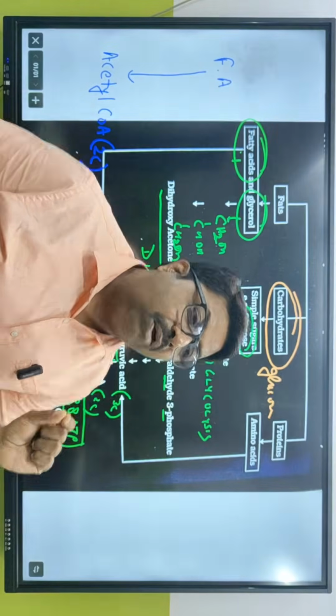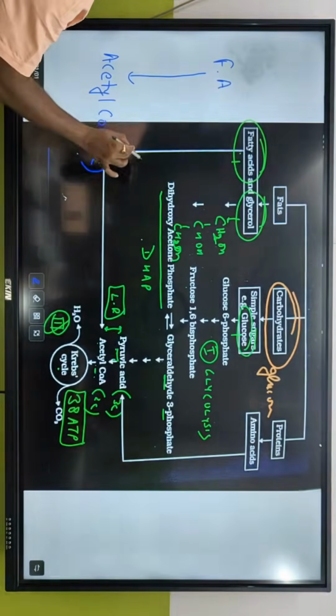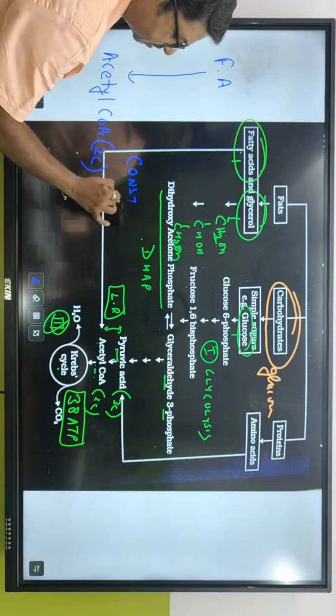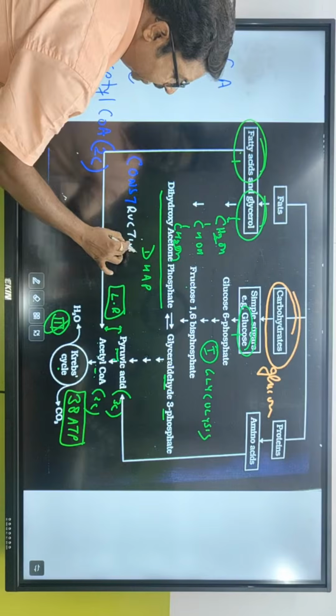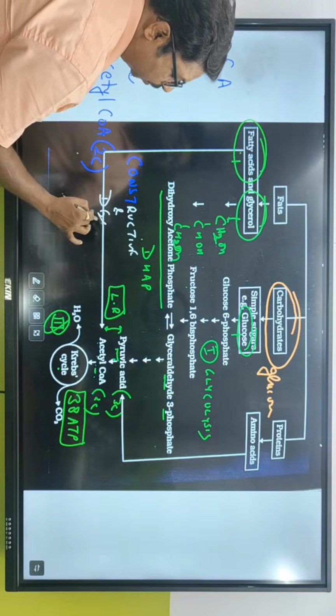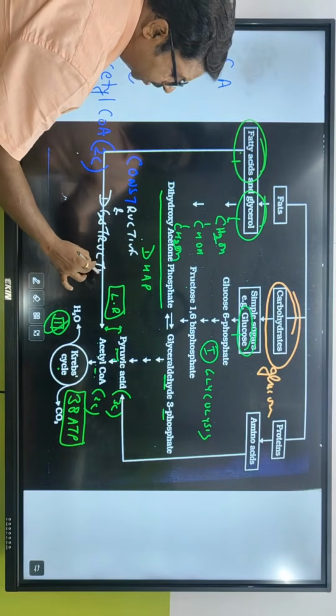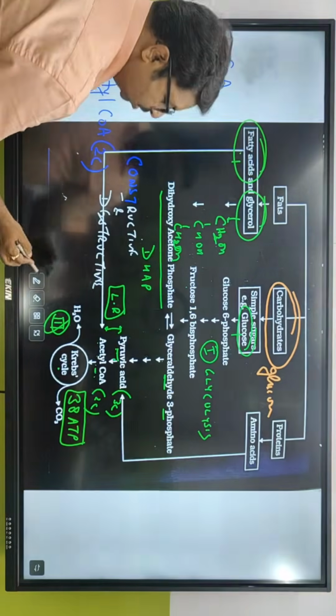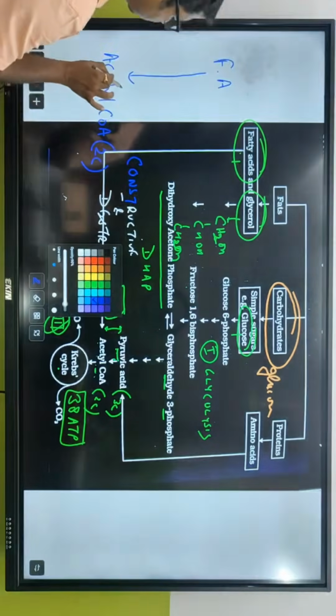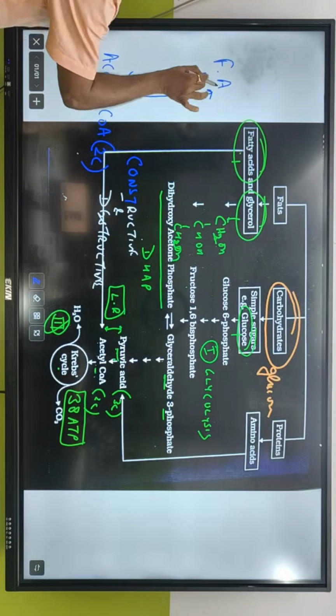What is the meaning of amphibolic? That means it is both constructive as well as destructive. Understand why we call it destructive? We know. What is constructive? Sometimes from acetyl-CoA, it can also form into fatty acid.